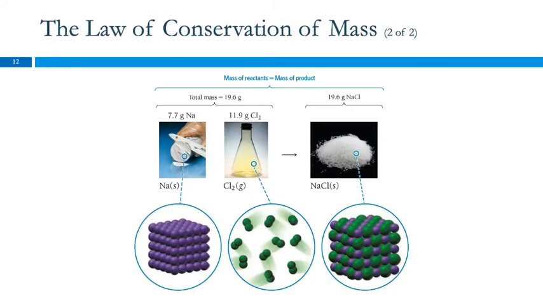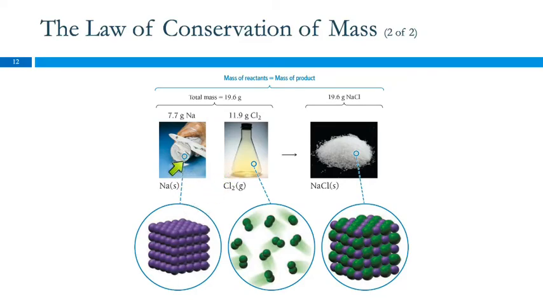So here's an example. A chemical reaction here between sodium and chlorine. The element sodium is a metal. It's rather soft. You can cut it with a table knife. Here's chlorine gas. It's a yellowish gas. It's toxic.